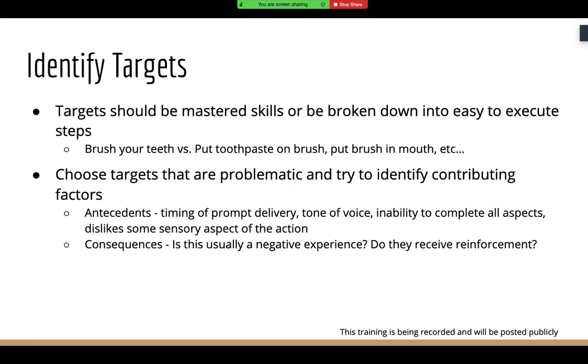I'm thinking of toothbrushing still just because that's the example I was using, but does it usually turn into the kid crying and then the parent really quickly brushing their teeth and being like, we just got to get this done, and it's a negative experience all around for everyone? Or do they receive some sort of reinforcement if they do complete the activity? Is that something that seems to help them? Does the child get out of doing the activity by refusing?